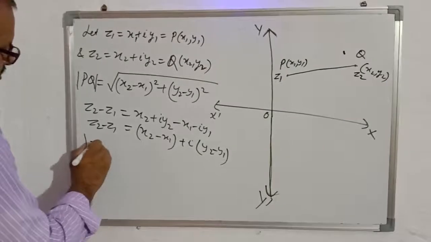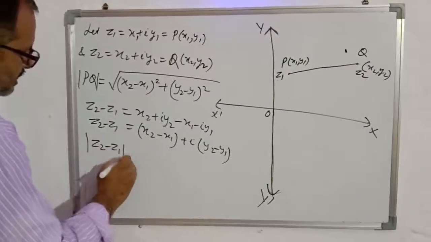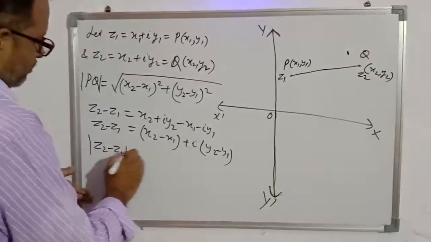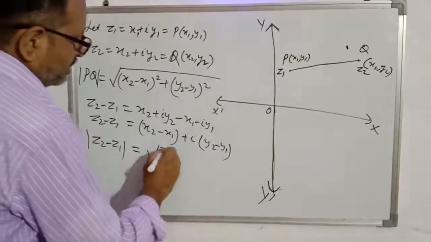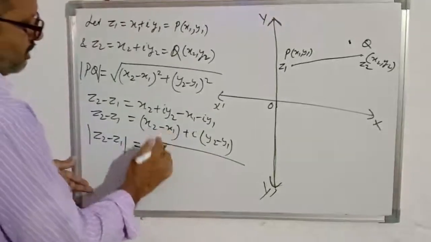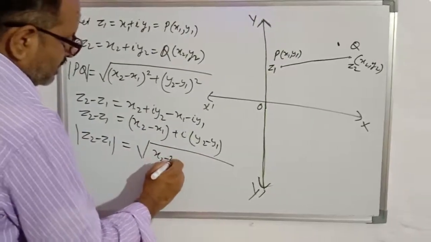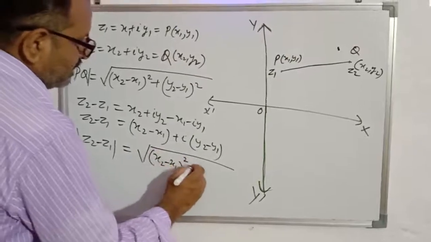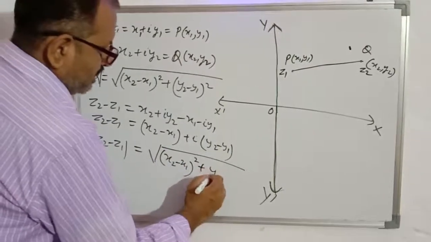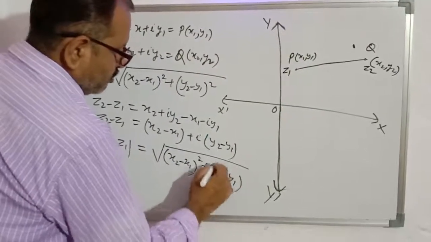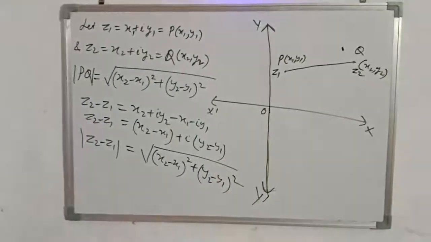What will be the mod of Z2 minus Z1? We take the square of the real part, (x2 minus x1) whole square, plus the square of the imaginary part, (y2 minus y1) whole square.